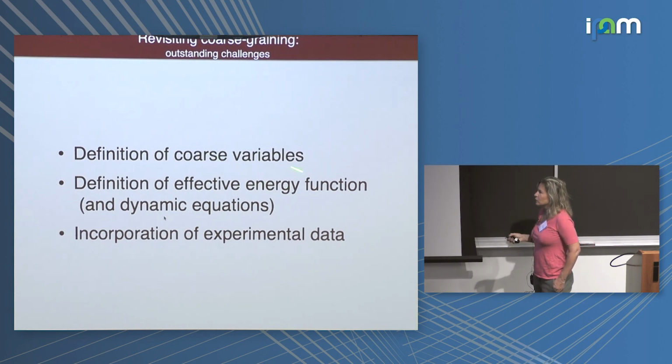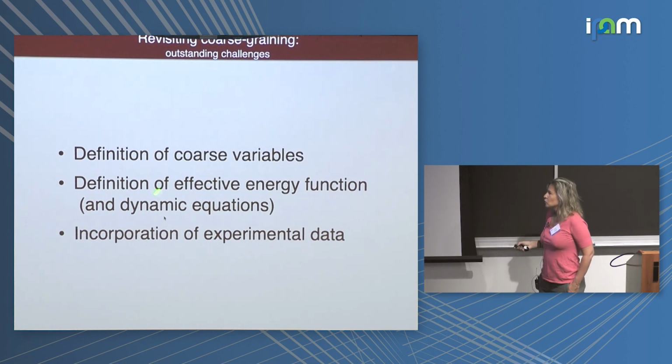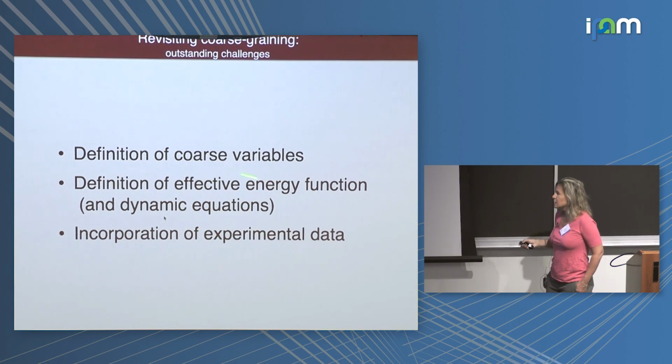Then, when you have defined the coarse variable, you have to define the energy function and the dynamics equation to reproduce the system of interest. And then, also, we would like to define methods to incorporate experimental data. So this would be the bottom-up approach, starting from an atomistic description.